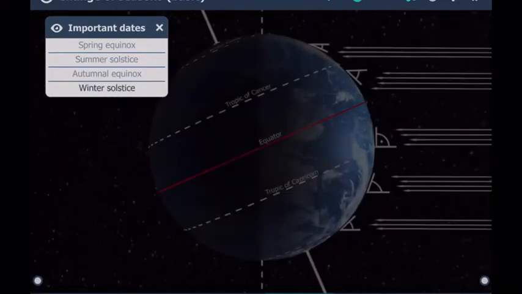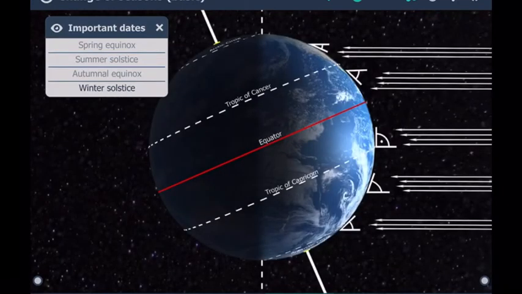Similarly, winter solstice is the position where the northern hemisphere is maximum away from the sun, or the southern hemisphere is tilted maximum towards the sun. So we, the people of northern hemisphere, will experience longest night and the shortest day.